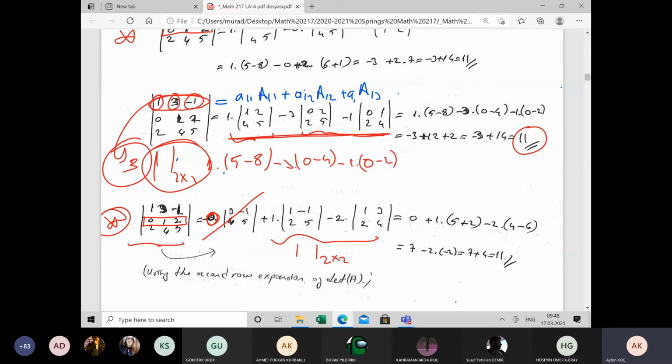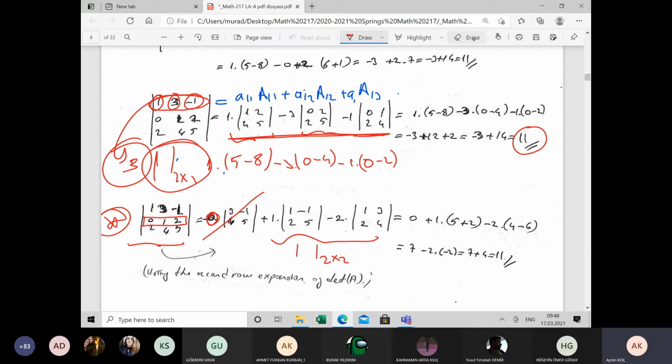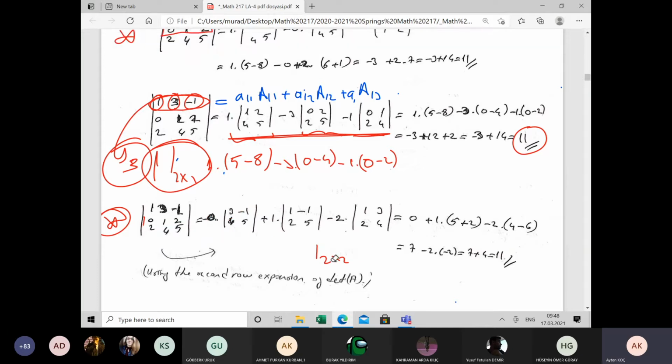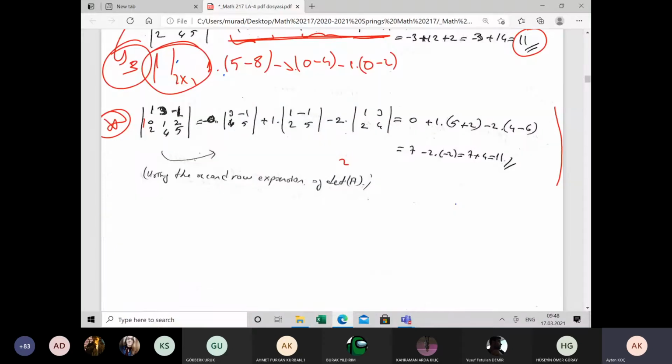Use the second row expansion here. Write the entries 0, 1, 2, and write the sign of position. But here be careful: how to compute the sign of position? Always start with this position.